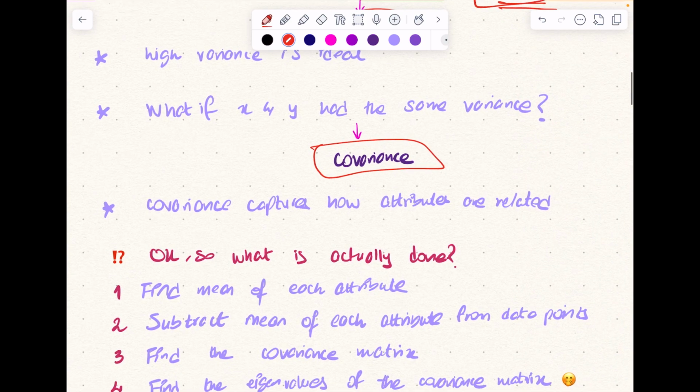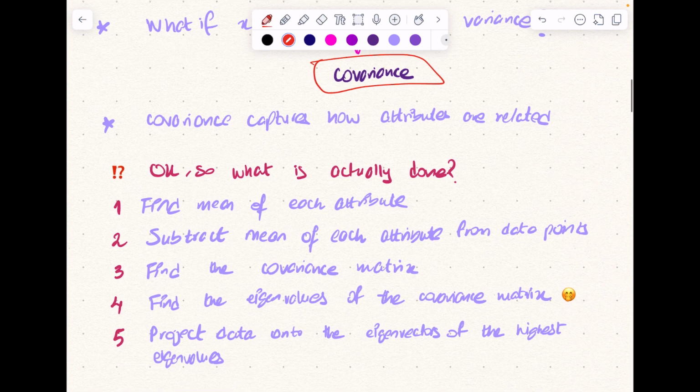So moving on, how actually is the entire process done? It's based on a lot of linear algebra principles, but it all makes sense and it's not very complicated. So there are 5 main steps that we do. First is that we're going to find the mean of each attribute that we have, or of each dimension.